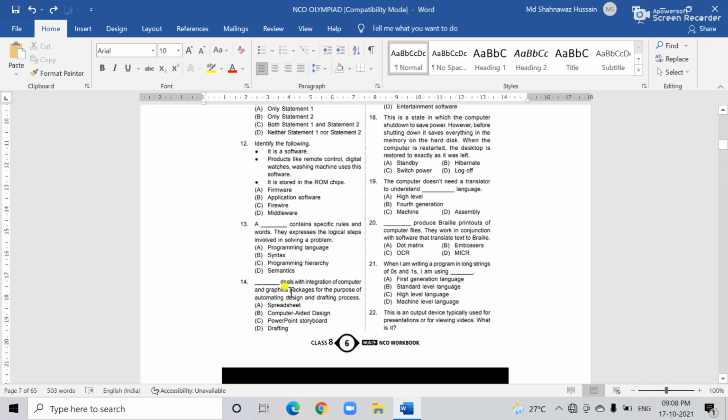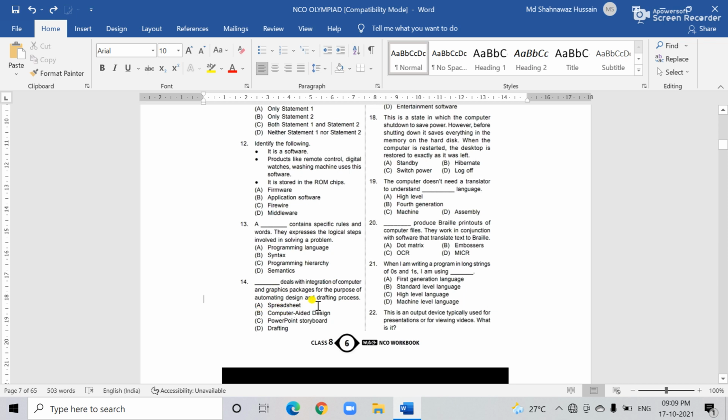Four options are there. So which software is actually used to integrate the computer and the graphics package, right?